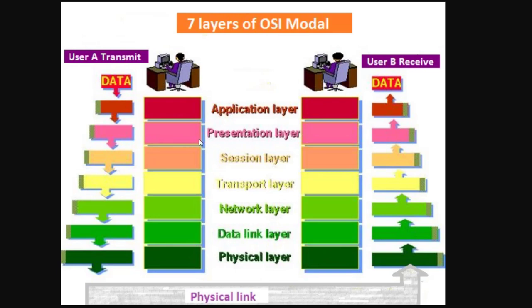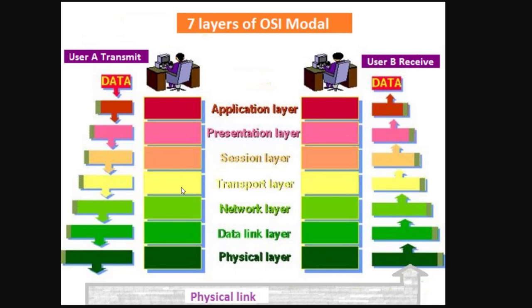The presentation layer takes the data provided by the application layer and converts it into a standard format that the others can understand. Then layer 5, the session layer, is responsible for establishing, maintaining, and ending the communication with the receiving device.